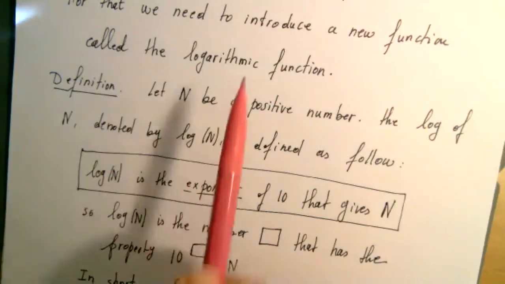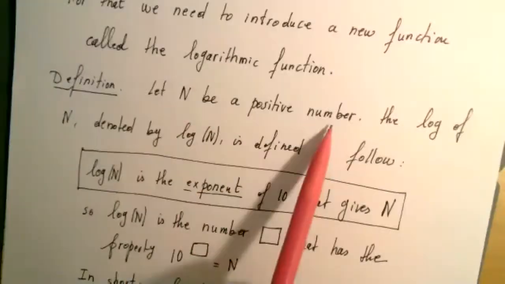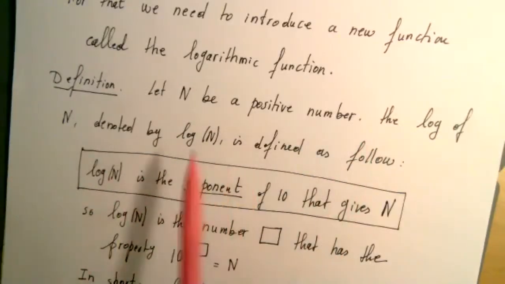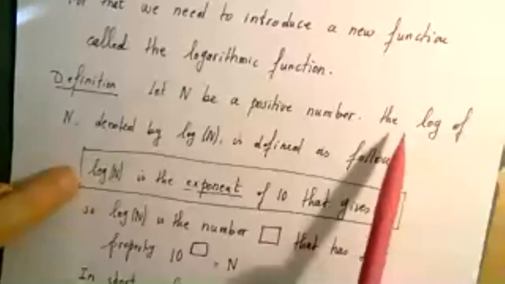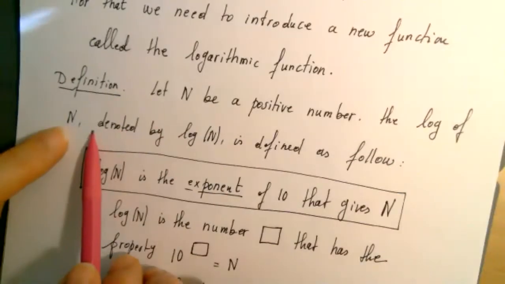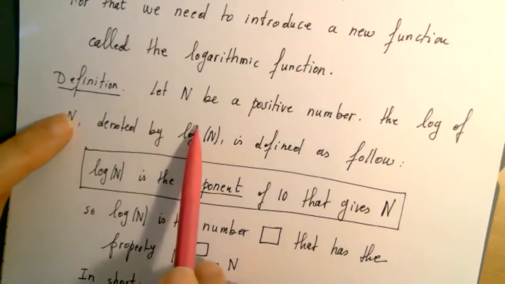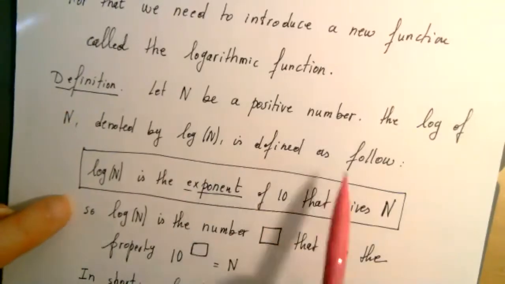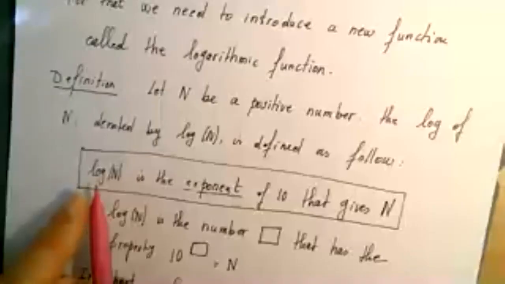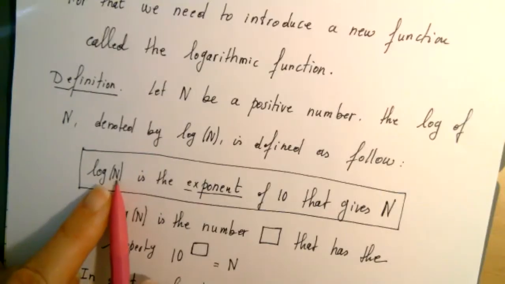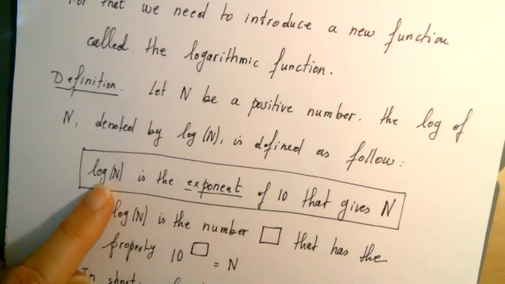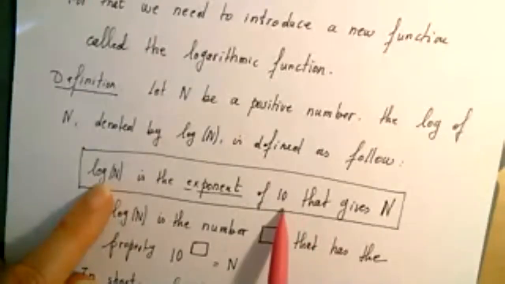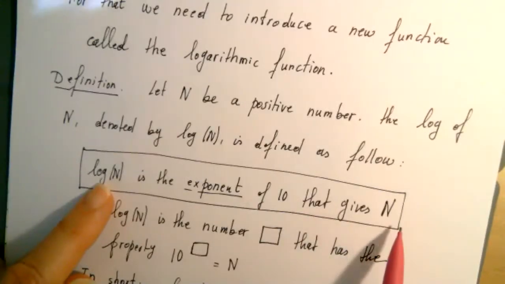So what is the logarithm? Let n be a positive number, and very soon you will tell me why I need that. The log of n, we denote it by log of n. The notation is important. It is defined as follows. What's the log of n? It is the exponent of 10 that gives n.